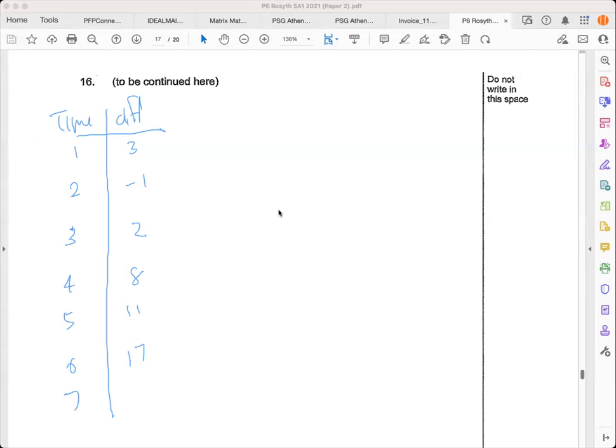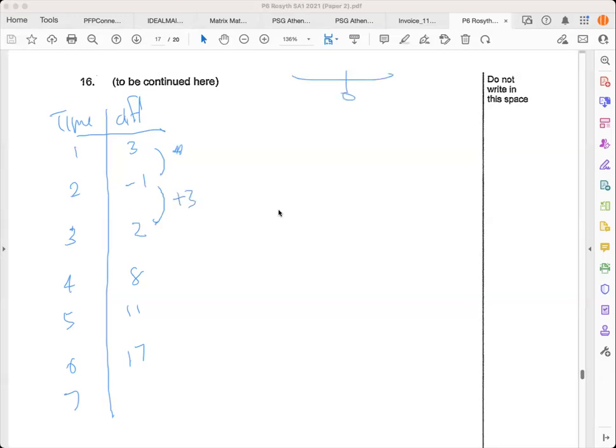Next one will be, I don't know. Let's figure it out. So you look at this. This one is from positive 3 to negative 1. Ignore this for a moment. From negative 1 to 2, you added 3. How do you know?